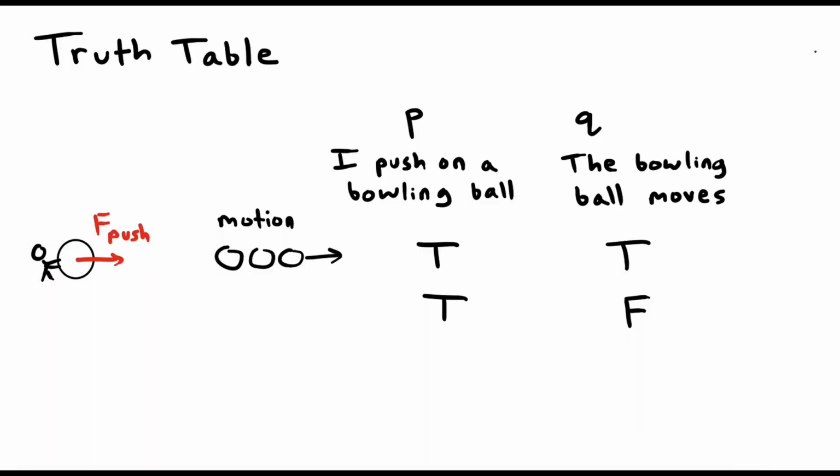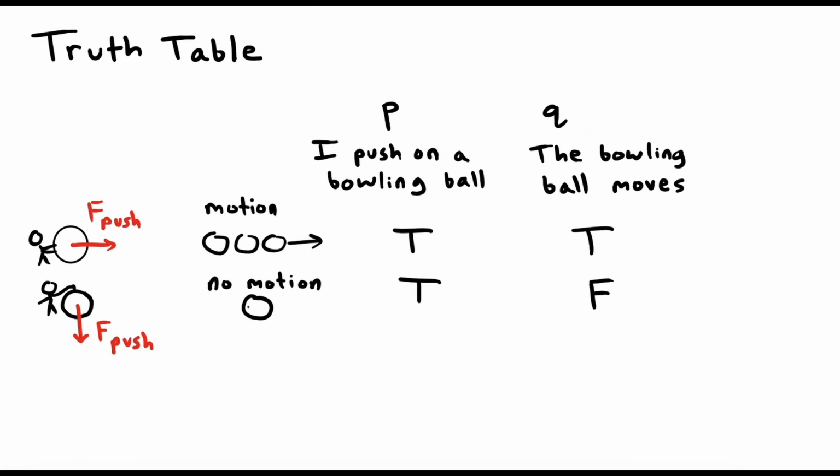So this second row could be drawn perhaps something like this. I'm applying a downward force, but because there's a table underneath, the ball remains motionless. So that would correspond to a true for P and a false for Q.